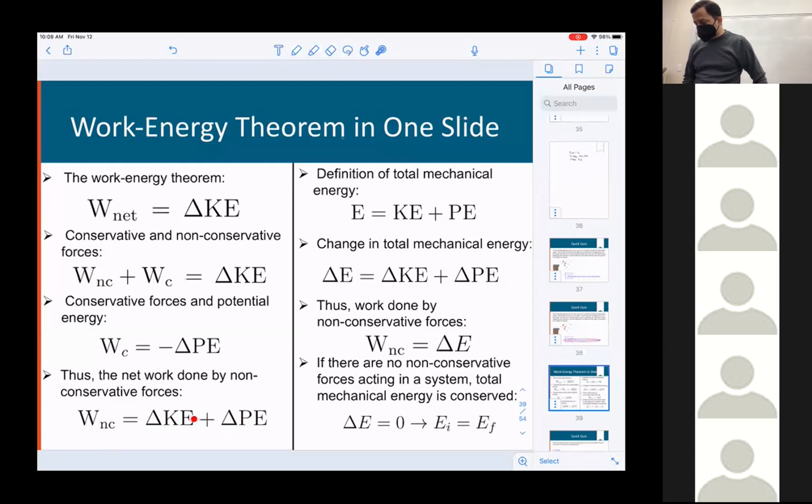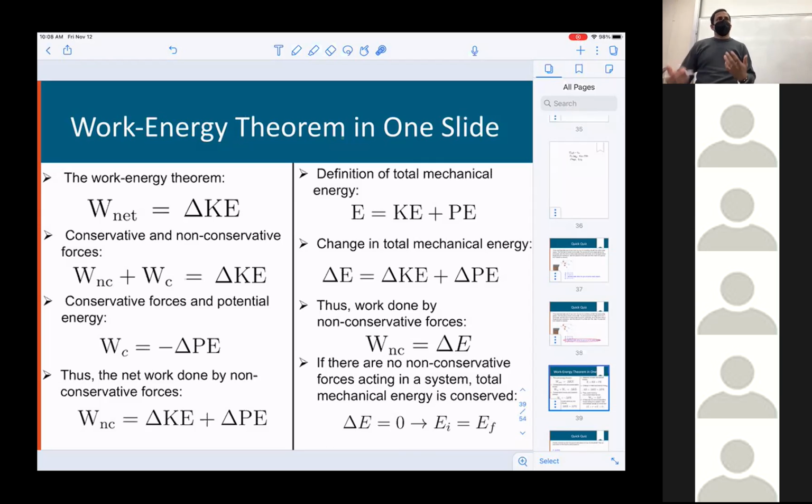We call this combination the total mechanical energy of the system. And therefore, the right side is nothing more than the change in the total mechanical energy of the system. So I can re-express the work energy theorem as: the work done by the non-conservative forces altogether is equal to the change in the energy of the system.